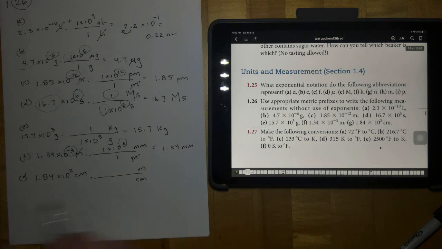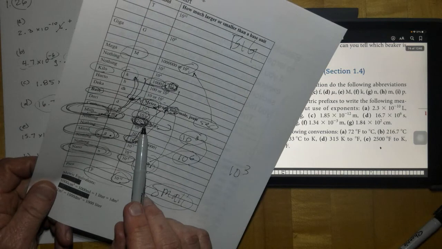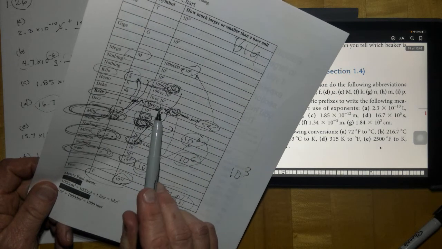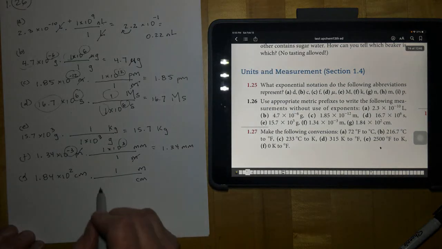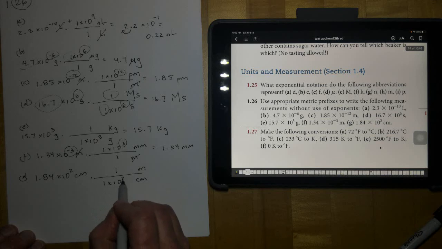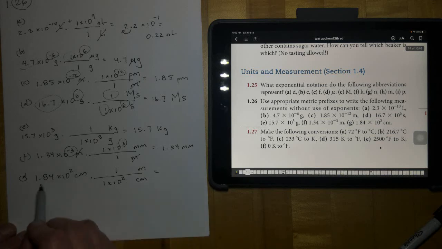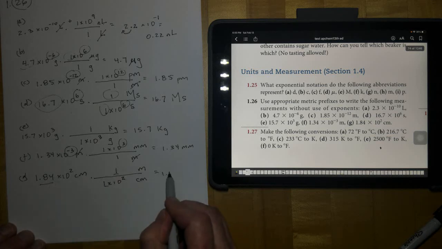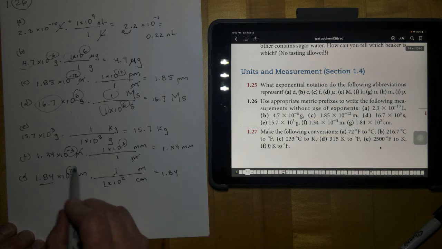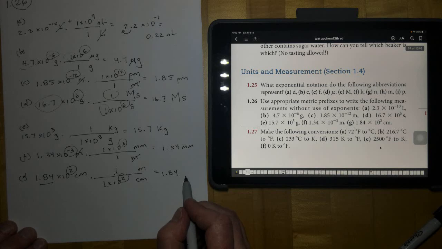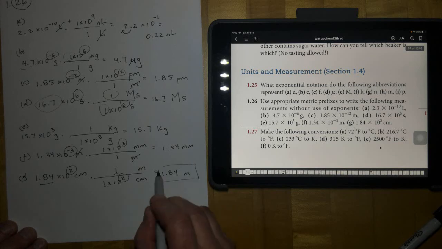And there's 100, or 10 to the second, 1 times 10 to the second centis in 1 meter. So in one of the big units, there's 1 times 10 to the 2 centimeters. Multiply the first numbers, 1.84. Subtract this exponent and this exponent, and 2 minus 2 is 0. And so we end up with 1.84 meters.